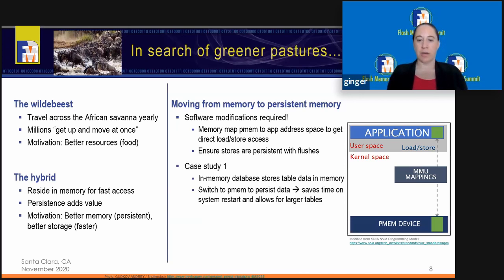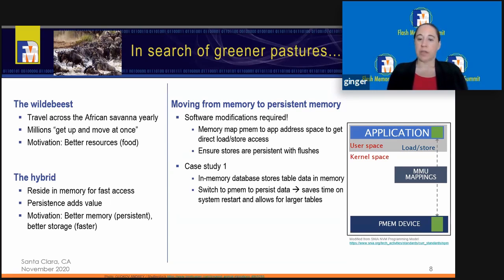So I mentioned that one of the keys to the hybrid is that you want fast access, but you also need persistence, or persistence has some sort of value. There's an in-memory database that has, as part of its architecture, a large amount of table data stored in memory.